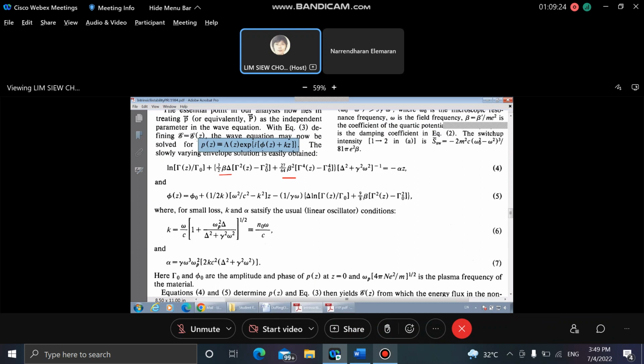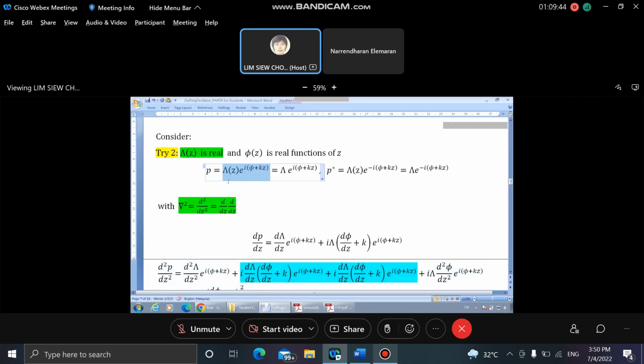So the author assumed that the function of Z is some function of Z, gamma Z here, multiplied with another function of Z. Okay, and my consideration last sem is whether we should consider this gamma and this phi as complex functions or not. But I always try with the simplest. I said that they should not be complex. So I use gamma real and phi z also real. So I try this, it is working.